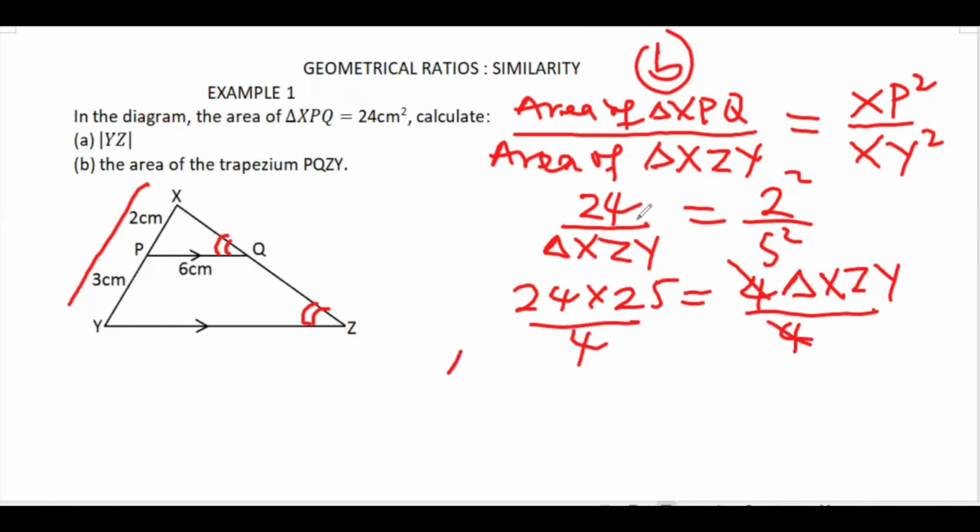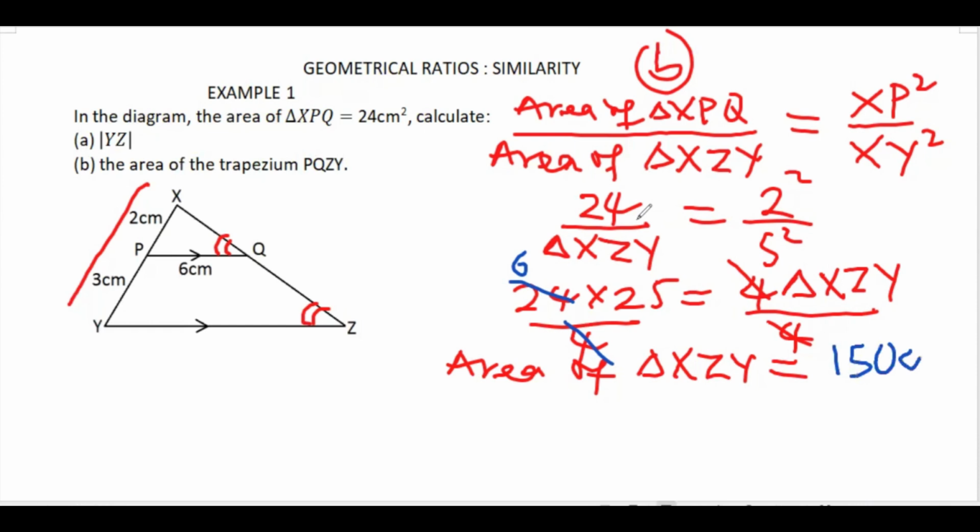We now have the area of triangle XZY equals 4 in 24, 6. So if you do 6 times 25, you should get 150. That means the area of the whole triangle is 150.